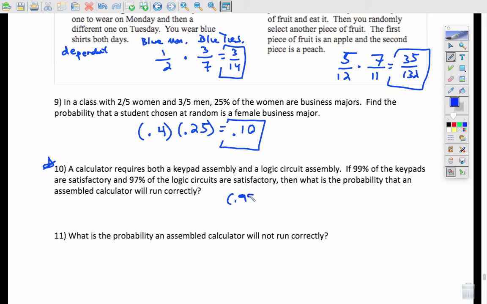If they're assembled on different lines, then the probability you get a keypad that works is 0.99, and the probability that you get a logic circuit that works is 0.97. So you multiply those two numbers together to get the probability that you get a calculator that works completely.